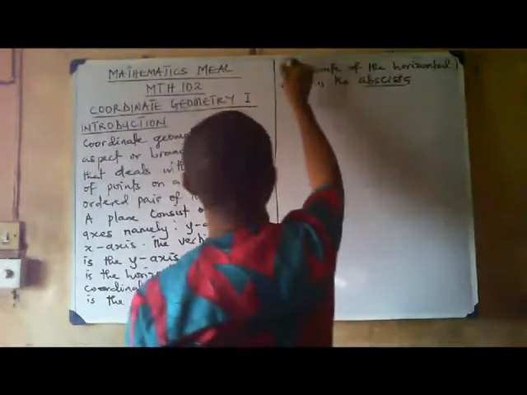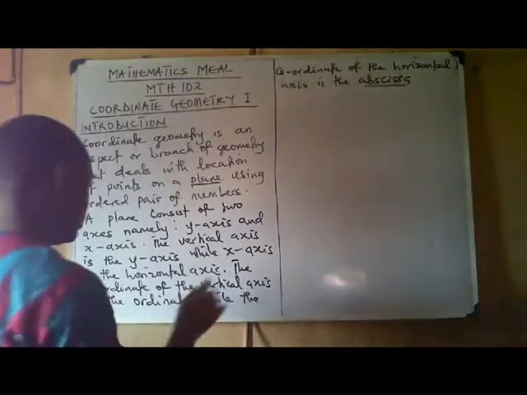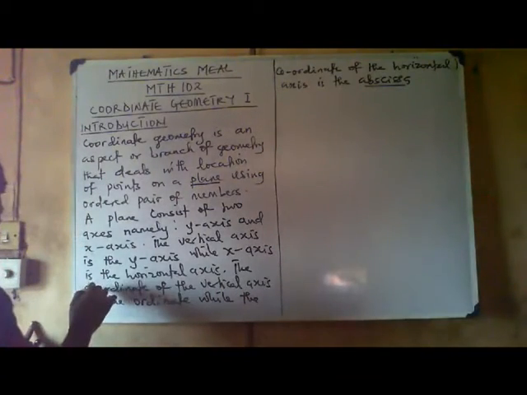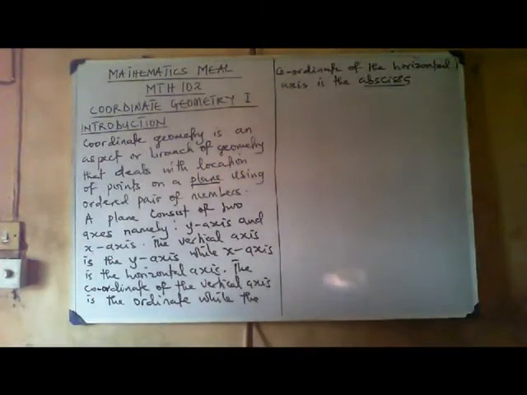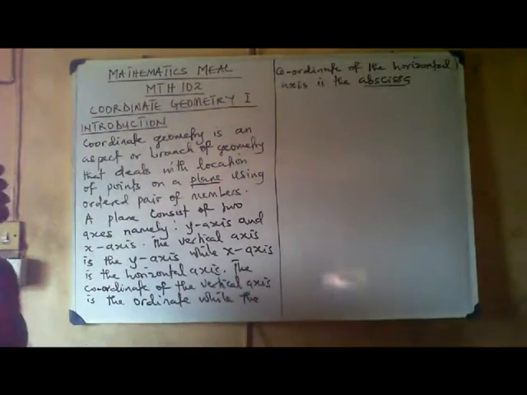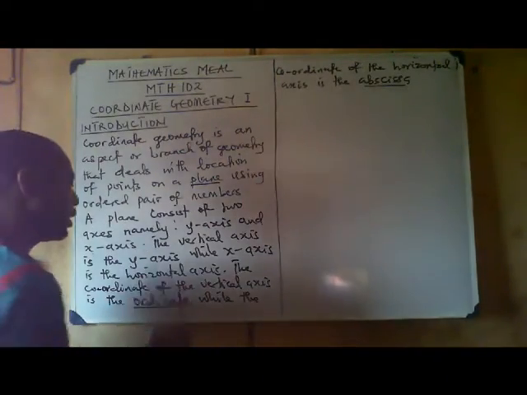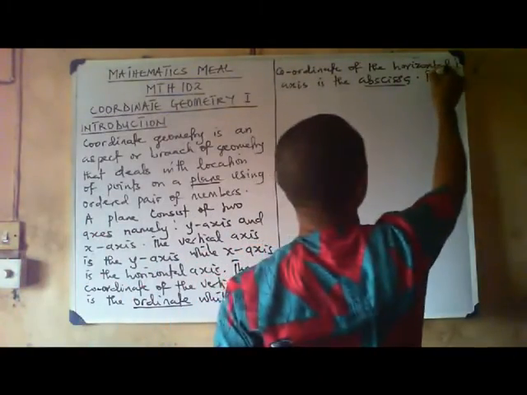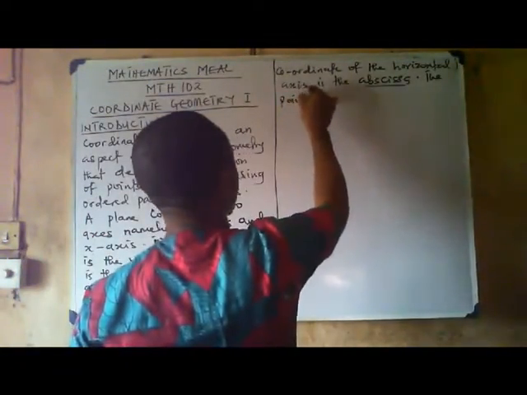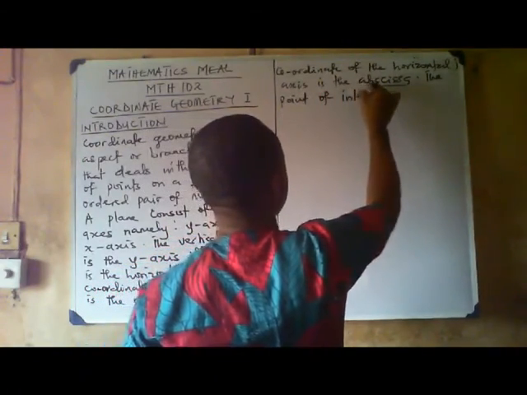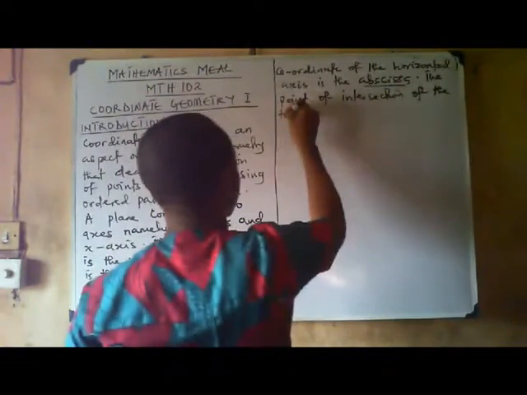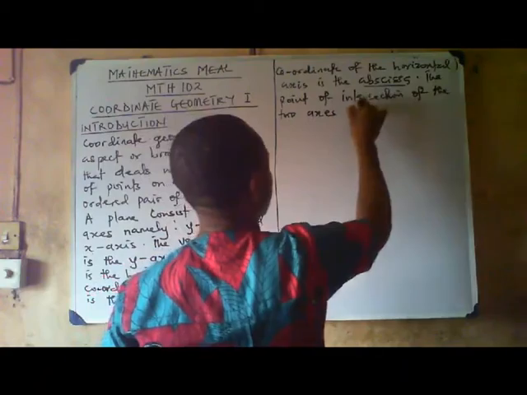The coordinate on the vertical axis is the ordinate, while the coordinate on the horizontal axis is the abscissa. And the point of intersection of the two axes is the origin.